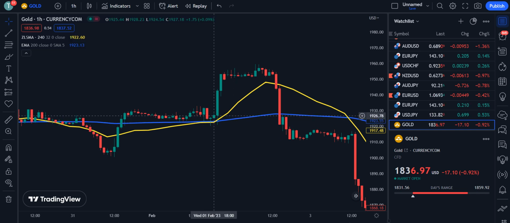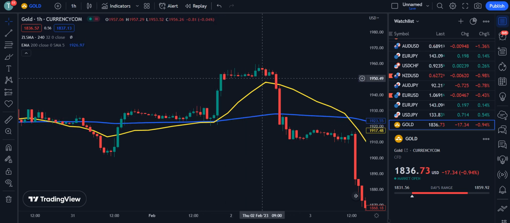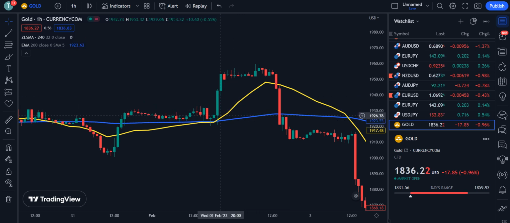So our price or candlestick is above the 200 EMA, as it is here, or this one candle is also showing the same. The second thing, this indicates that the market is in an uptrend. The third thing is that the ZLSMA line, which is in yellow color, is above the 200 EMA line. As you can see, ZLSMA has also gone above this 200 EMA line.